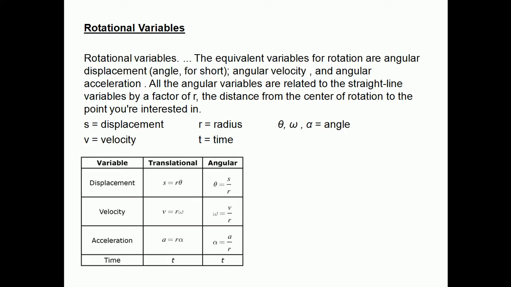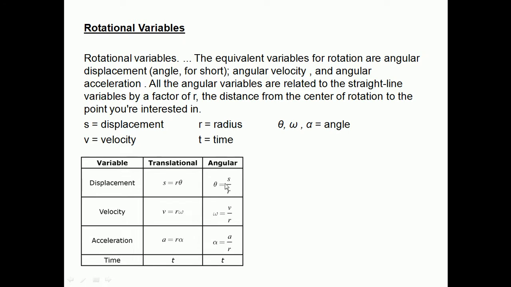Okay. Now we will discuss the rotational variables. So far we have discussed the displacement variable. If it is angular, it is represented by theta, which is equal to the arc distance divided by the radius. Okay.